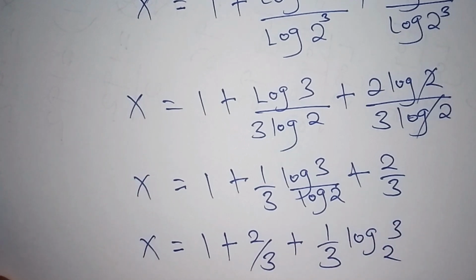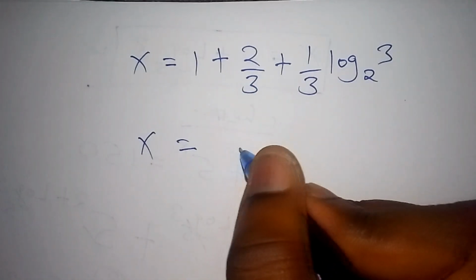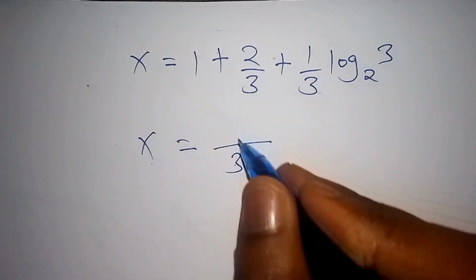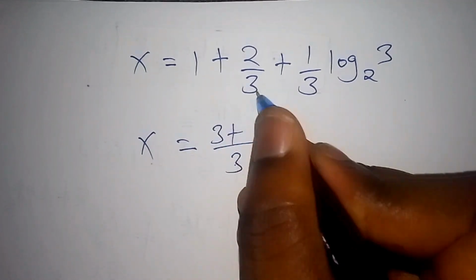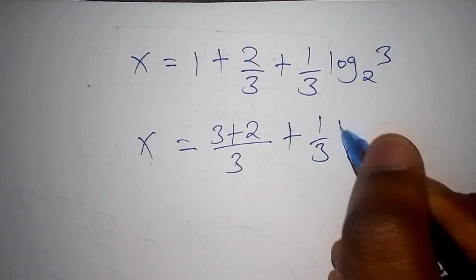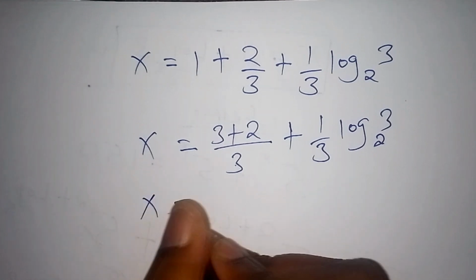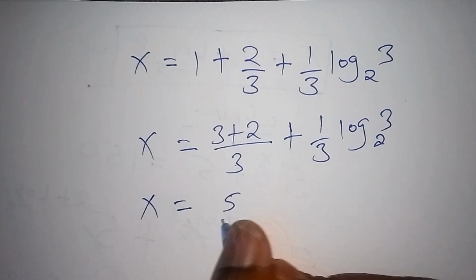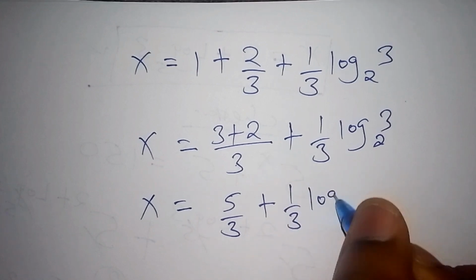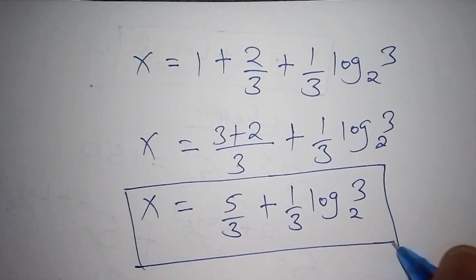So we can also simplify this and work out this fraction. The LCM is 3, 3 goes into 1 three times, then plus 3 goes into 3 once and 2, then plus a third the log of 3 to base 2. So now our x is equal to 3 plus 2, which is 5 over 3, plus a third the log of 3 to base 2. So now this shall be our value of x.